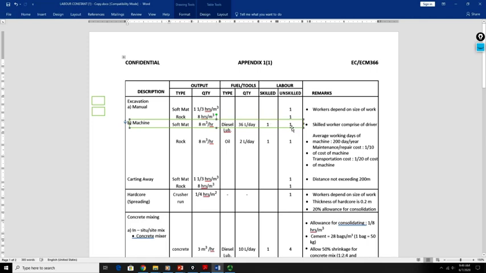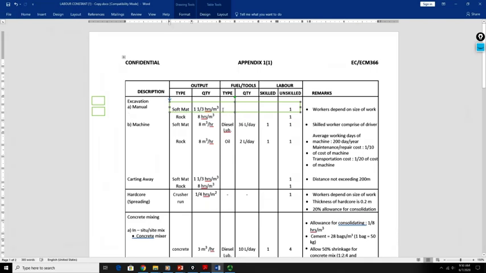So clearly stated in the question, we only have one unskilled labor, meaning that our excavation is done by the manual method. Next, we determine whether the excavation is for soft material or rock. Stated in the question, the excavation is for soft material. Therefore, to solve the problem, we are going to apply this data for soft material.